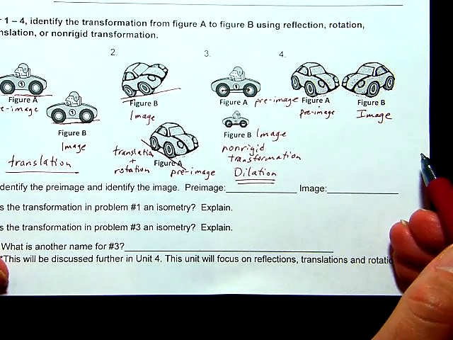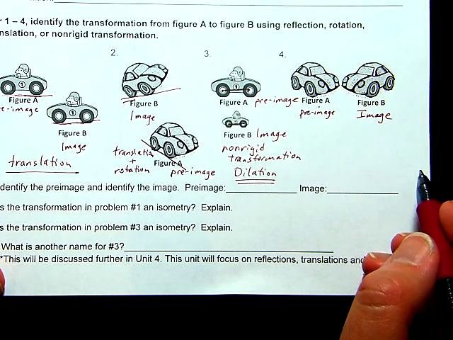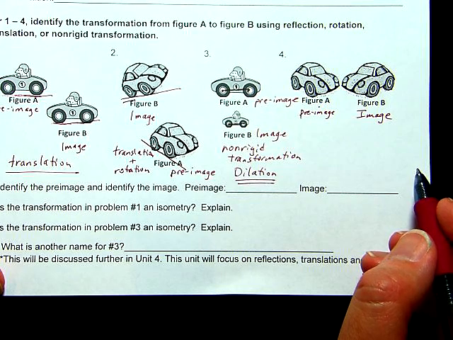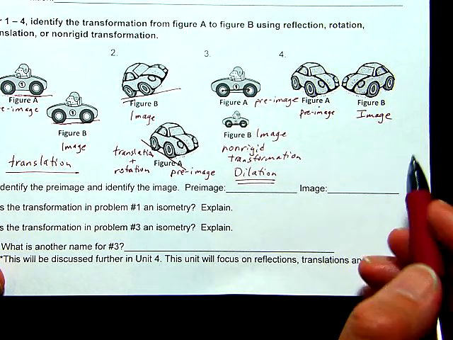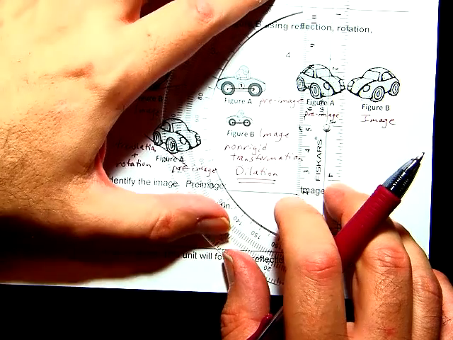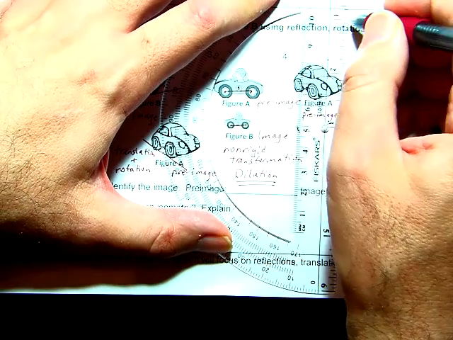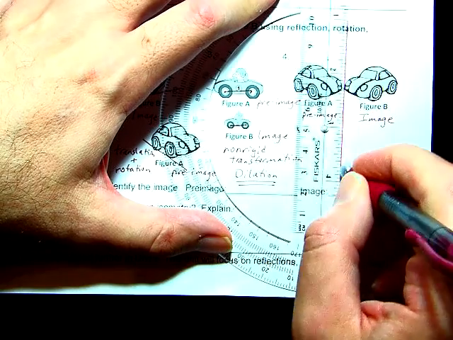So they are congruent, so we have an isometry, and that's all we need to explain how we got from figure A to figure B. I can go ahead and draw in here a line of reflection.